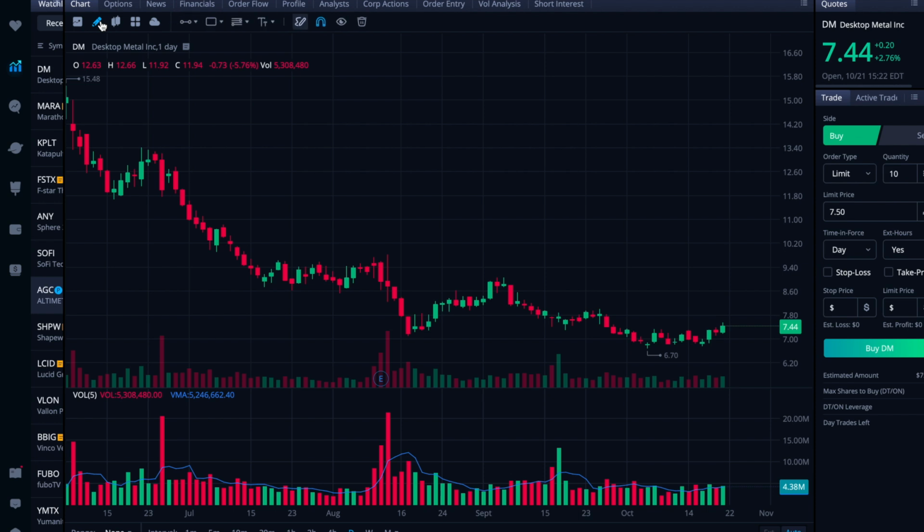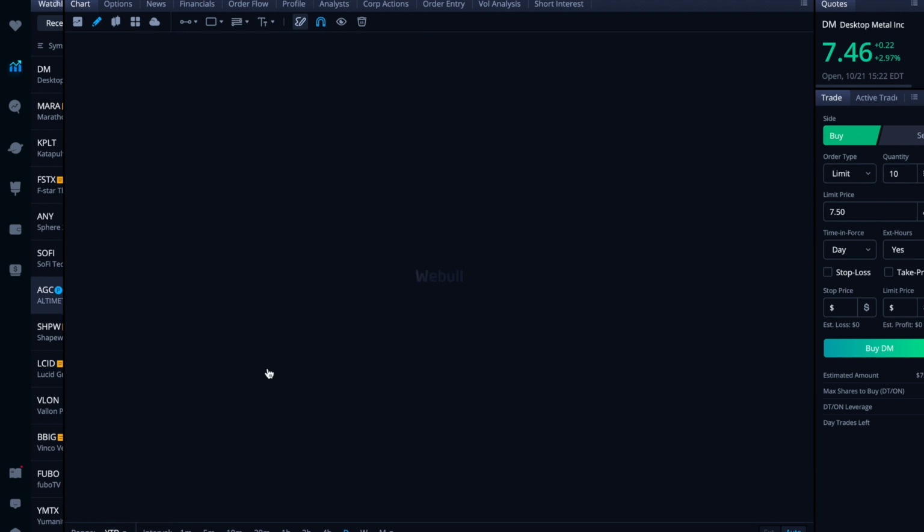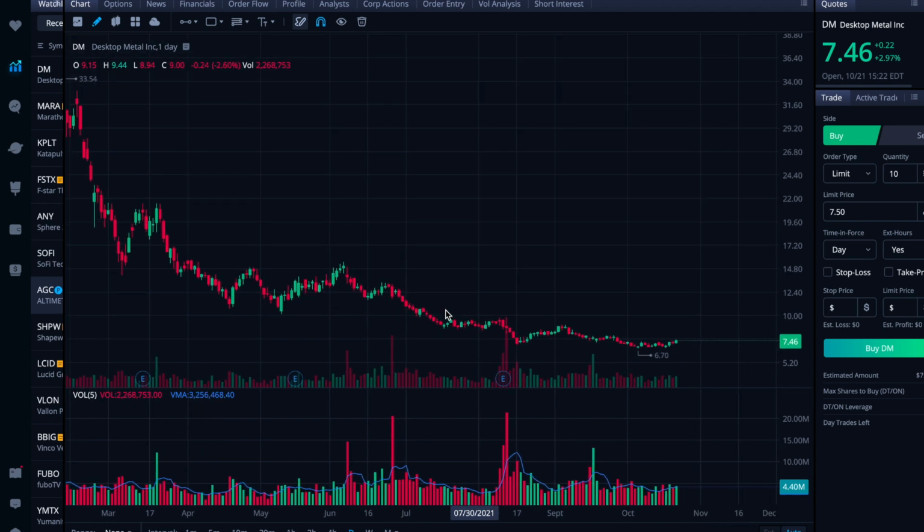Now let's put in some trend details here. Okay, so let's zoom out a bit and see what this downtrend looks like. I'm going to put this in as a ray just to see where this situates itself.